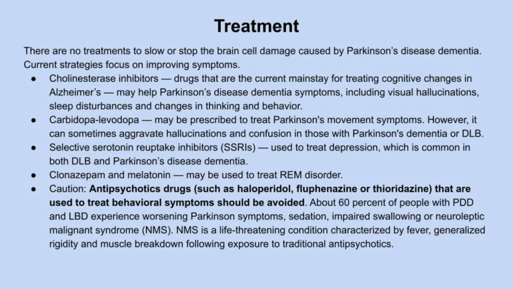There is a huge caution. The antipsychotic medications, especially the older ones, should be avoided. About 60% of people with these two types of dementias experience worsening symptoms. They can have sedation, impaired swallowing, or, more dangerous, something called neuroleptic malignant syndrome.